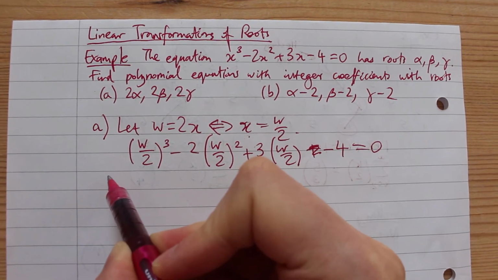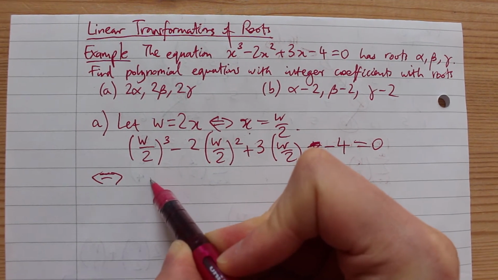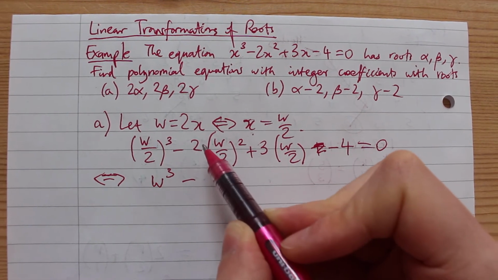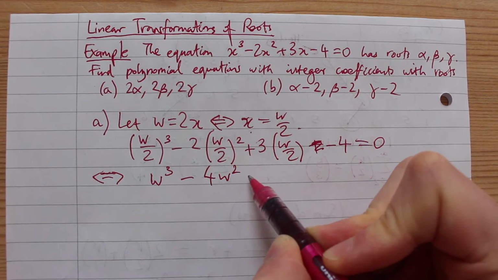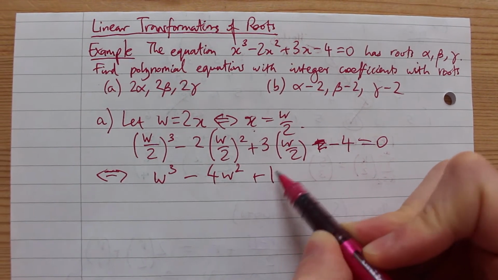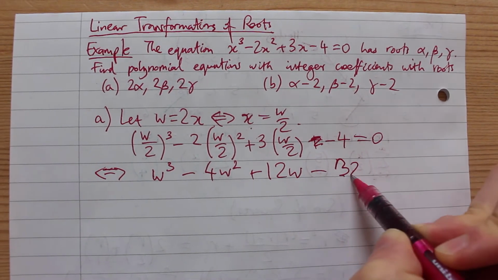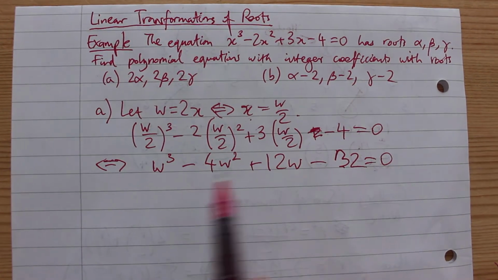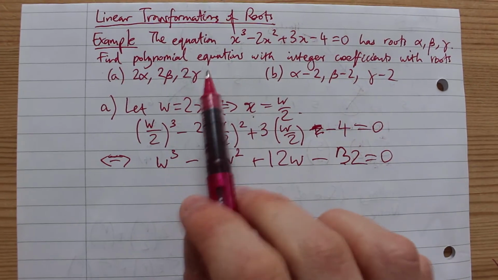And then we want integer coefficients, so let's multiply everything by 8 and we'll get w cubed, and then this is 2 times a quarter times 8, that's 4w squared, and then 3 over 2 times 8 is 12w, and then 4 times 8 is 32. And then this is our new polynomial in w with integer coefficients that has roots 2 alpha, 2 beta and 2 gamma.